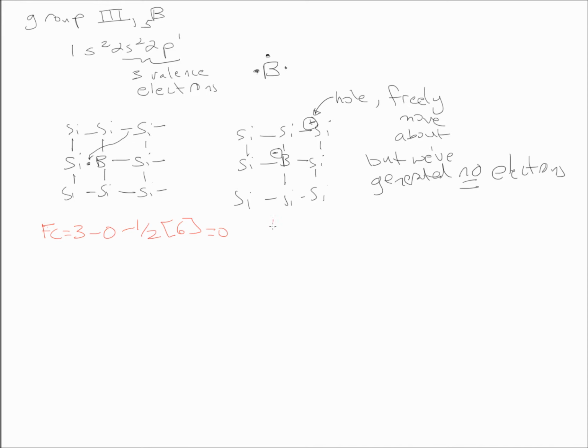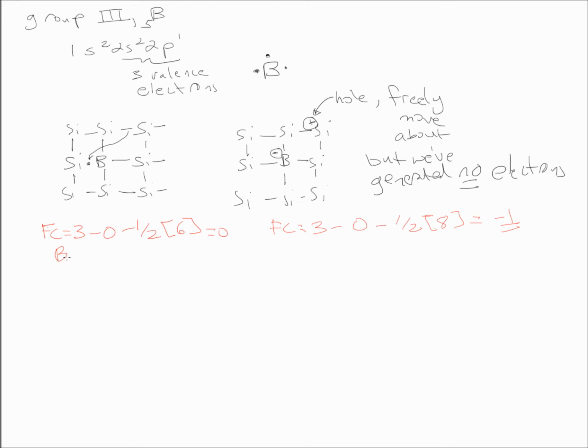And then in the other case here, we have again 3 in the isolated atom minus the 0 of non-bonded electrons minus 1/2 of what's in the bonds, and there's 8 electrons in the 4 bonds, so that's going to give you minus 1 overall. So that's where you get the minus 1 formal charge on the boron that's shown in the figures.